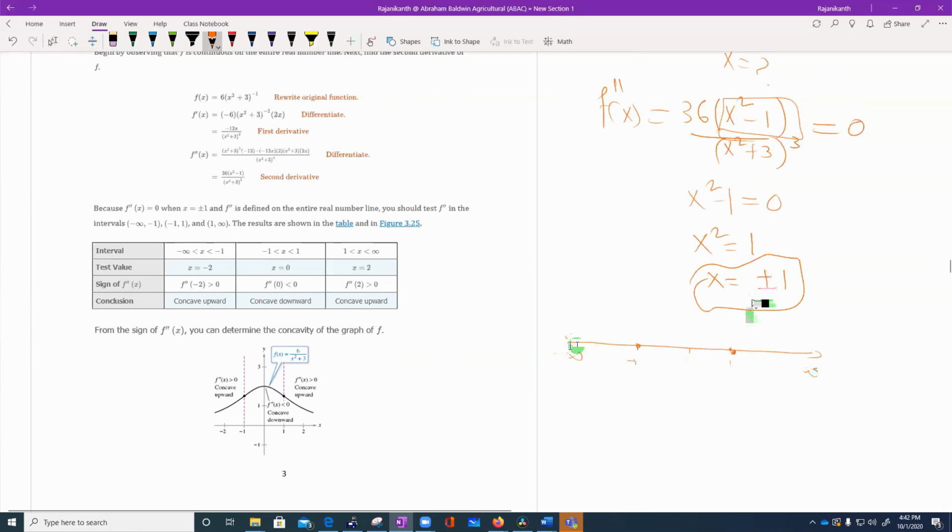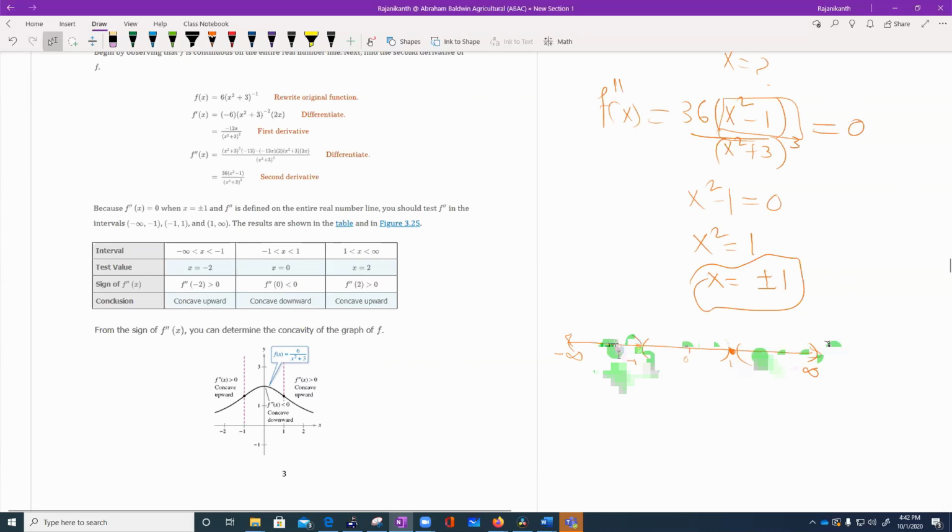Now split the entire interval into subintervals using these two points. Therefore, this is one of those intervals, this is another interval, and this is the third interval. So the entire real line is now split into three subintervals.